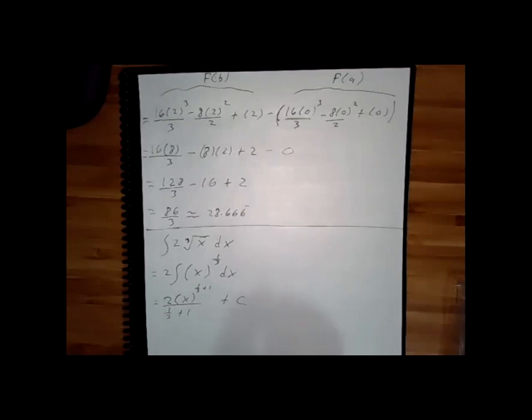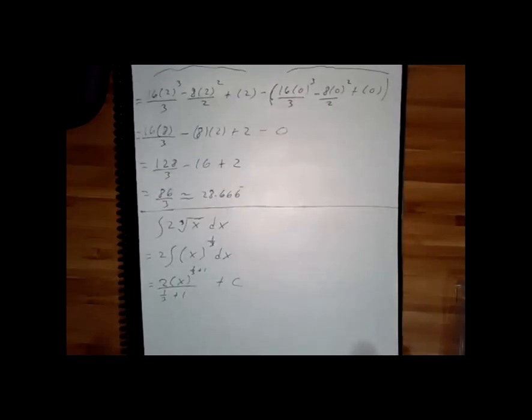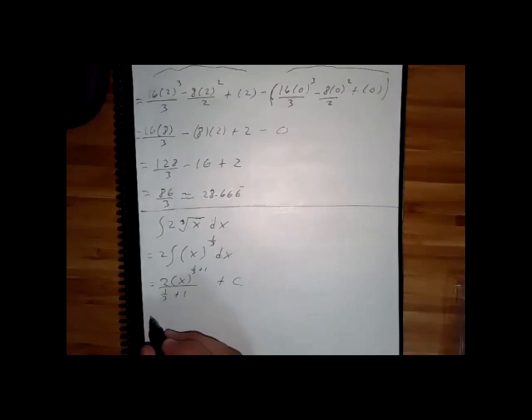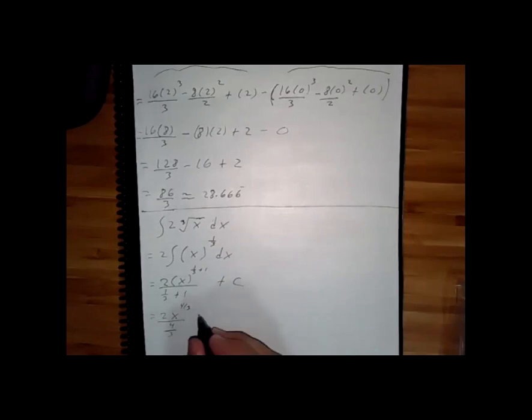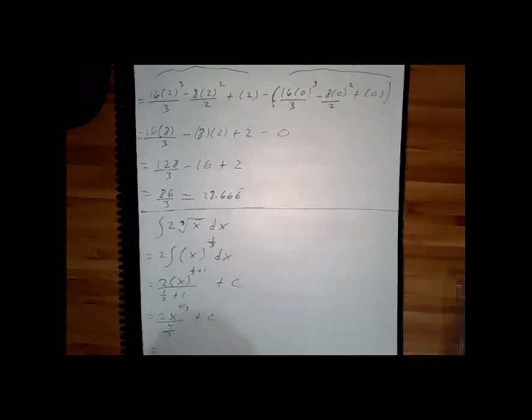And since I don't have bounds, I have to put the C. So my result will be 2 times x to the 1/3 plus 1, was that 4/3? So that'll be 2 divided by 4/3, that'll be 6/4.